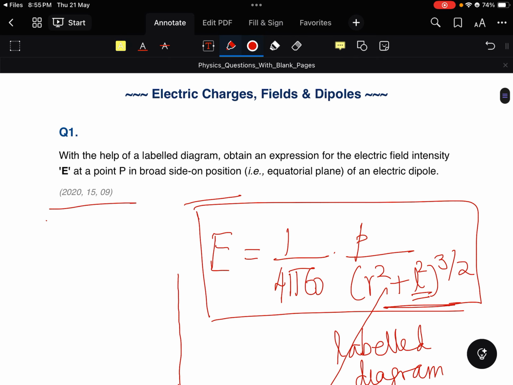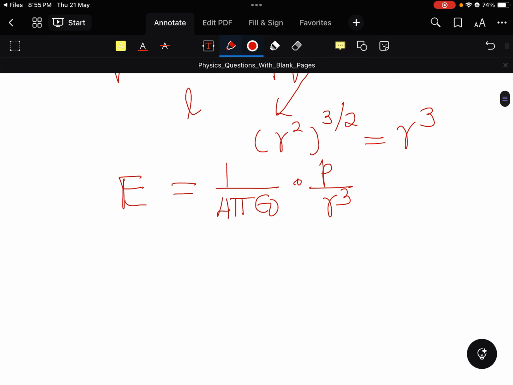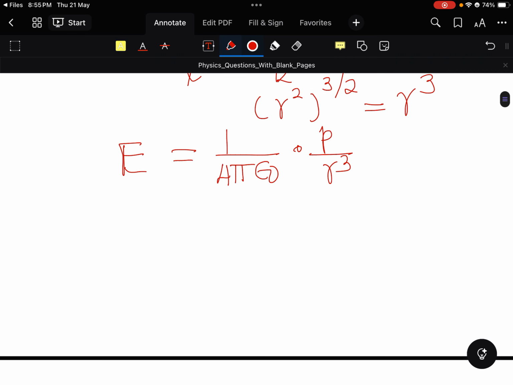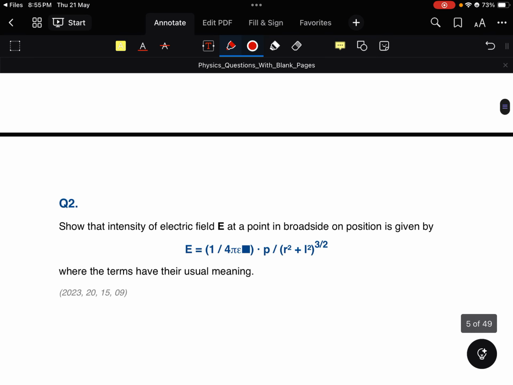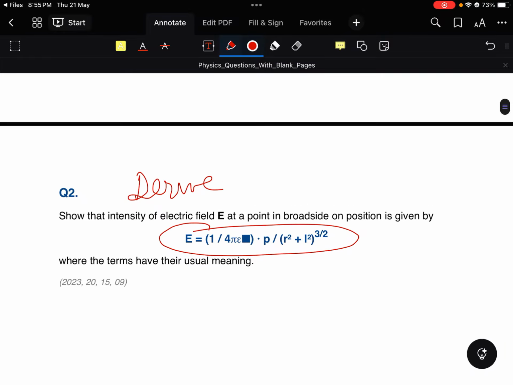This question has been asked in these 3 years. Now you can see here, this has been further asked in 23 also. You see the second question. The second question is also the same. You have to derive the intensity in the broadside-on position.